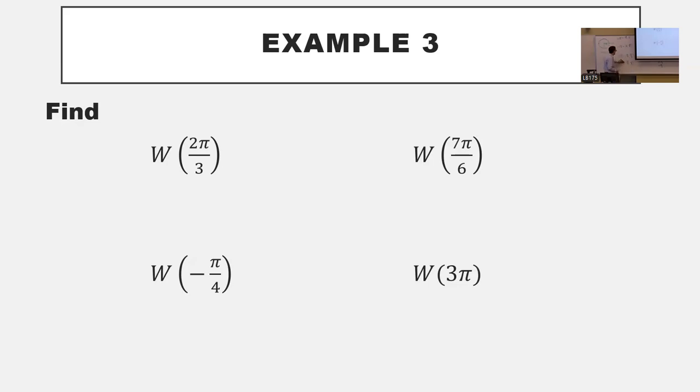So let's take a look at a couple of examples of doing that, not just the negative pi over 6 that I did, but let's take 2 pi over 3, 7 pi over 6, negative pi over 4, and 3 pi, and apply the wrapping function to each of these.